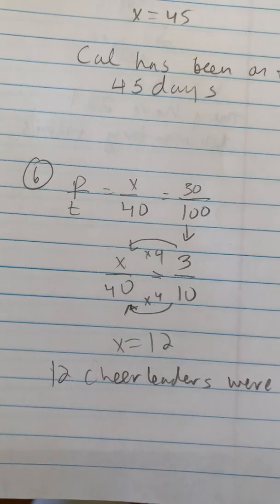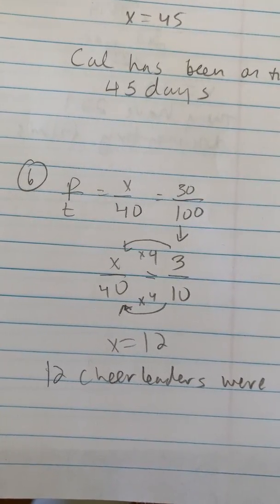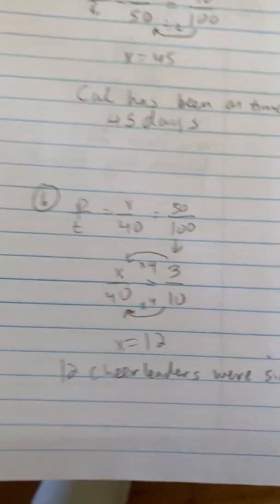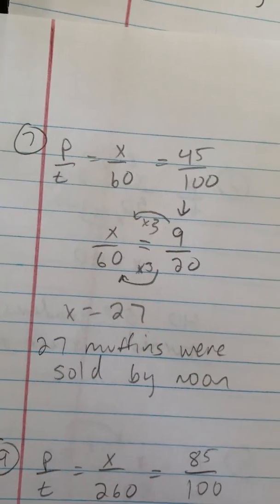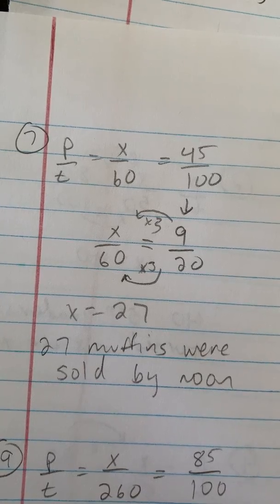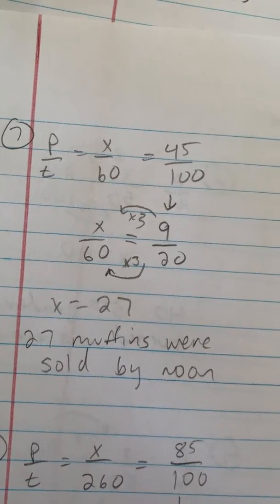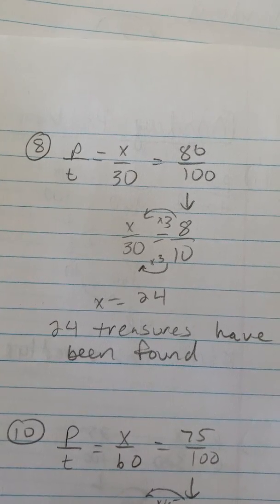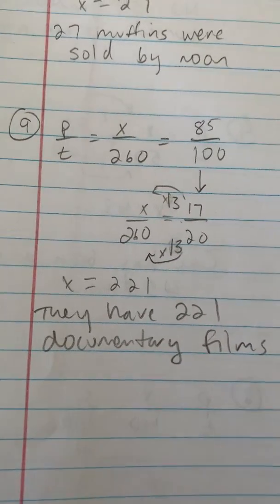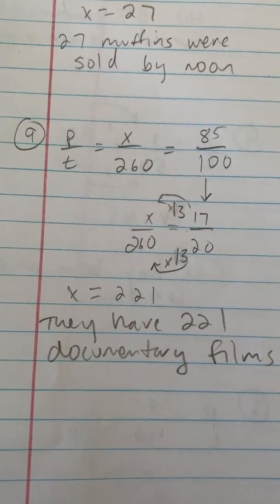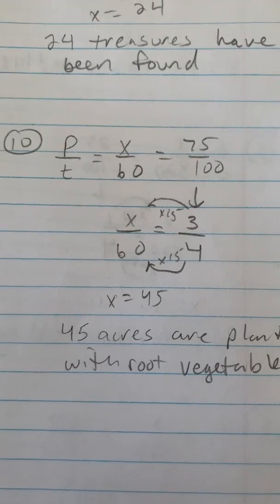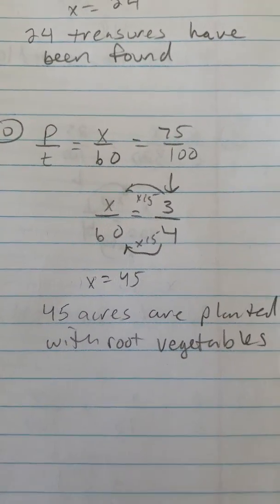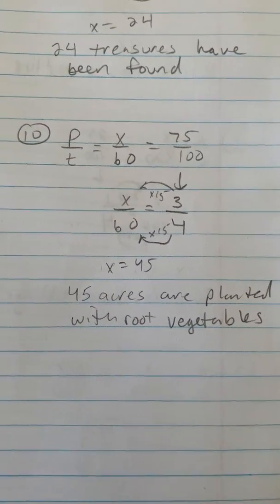Go Bulls. Number 6. Number 7. Scottie Pippen. Don't worry about it. Number 8. Number 9. Oklahoma State. Dennis Rodman. And number 10.